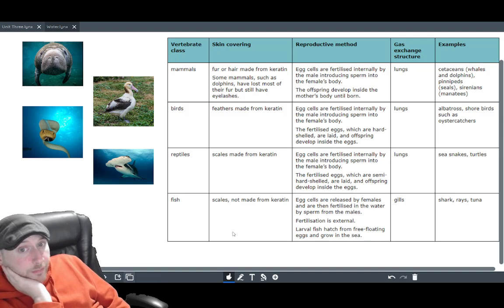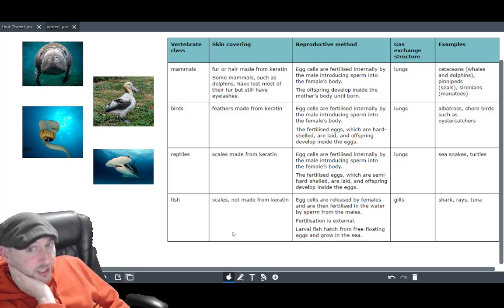When it comes to birds, egg cells are fertilized internally by the male introducing sperm into the female's body. So in that sense, they're exactly the same as mammals. They have to have sexual intercourse to fertilize eggs. Cool. But then the big difference is that the fertilized eggs are hard-shelled. If you've ever picked up an egg, you'll realize the shell is pretty hard.